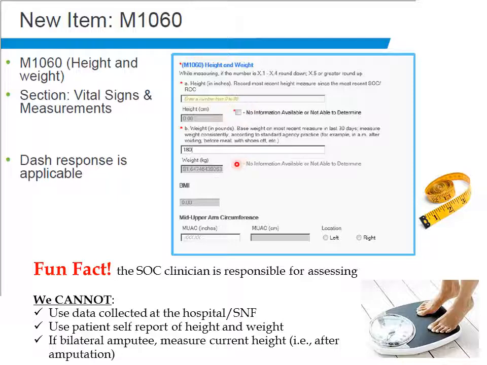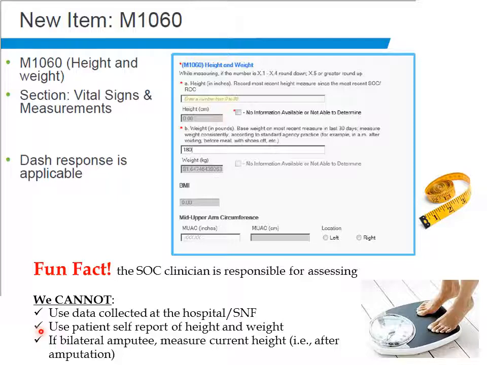This is your dash right here. And these fun facts down here. So we cannot use data collected at the hospital or the SNF. So we cannot use what our skilled clinicians gathered at those other levels of care. We cannot use the patient's self-report of height and weight.